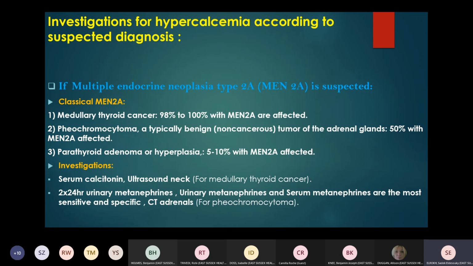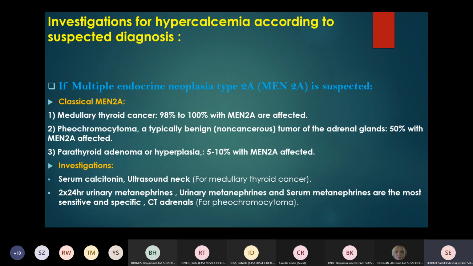How to investigate for MEN2? For medullary thyroid carcinoma, serum calcitonin and ultrasound neck. For pheochromocytoma, you can ask for 24-hour urinary metanephrines or urinary catecholamines and the serum epinephrine. Actually, serum epinephrine is the most specific, so you can ask for it from the beginning.